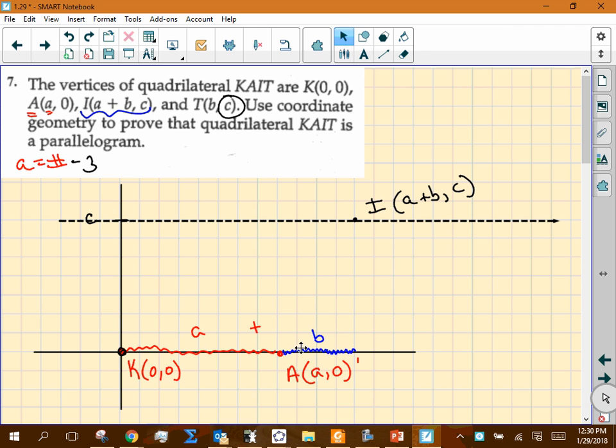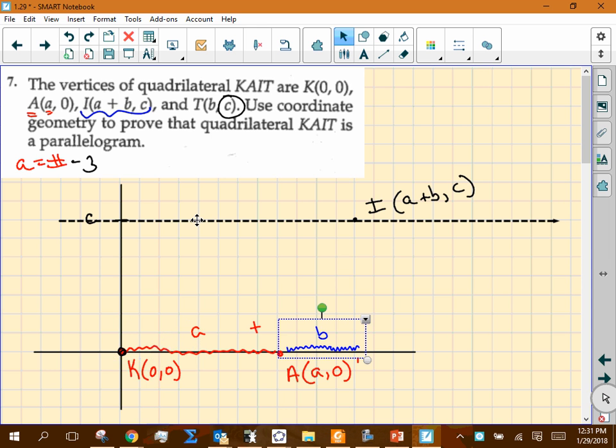Would you guys agree that that b length, it was b here, but is it still b here? There's still a length of b there. The best place would be to think about b being there, right? If this point is located at b, comma c, I start at 0, 0, go over b, and then up c. Does it make sense that my point should be right there for T? Okay.